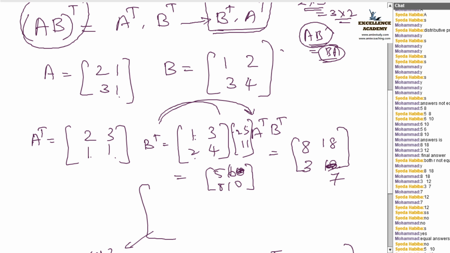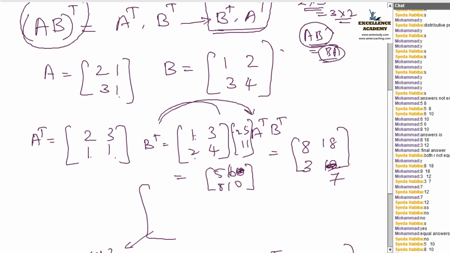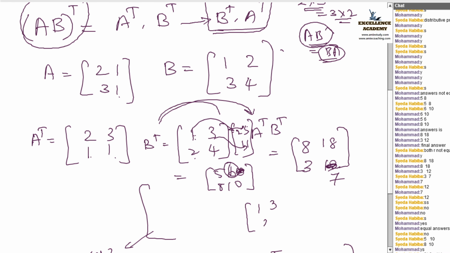What about Mohammed? Yes, Saida, is it clear? It is 6. Okay. 1 into 3 plus 3 into 1, that is 6. Understood? Any doubt regarding that multiplication? See, 1, 3, 2, 4 into 2, 3, 1, 1.